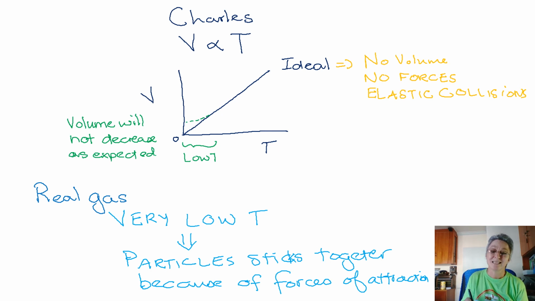First of all, technically, the graph goes like this. The volume decreases faster and then it stops decreasing because of the forces of attraction causing the gas to liquefy, and then the forces of repulsion will cause the volume to stop decreasing.